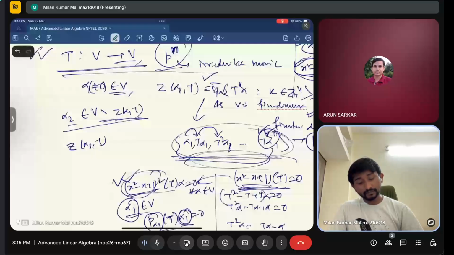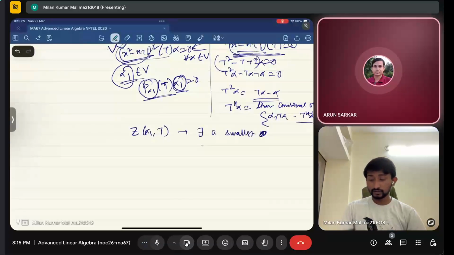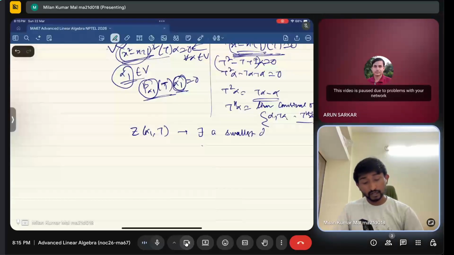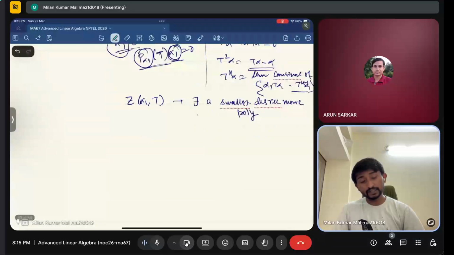Here I just want to point out, as I have said, I am taking Z alpha 1, T, and there exists a smallest degree monic polynomial, that is also irreducible, P alpha 1 of degree k1, such that P alpha 1 of T applied to alpha 1 equals 0.